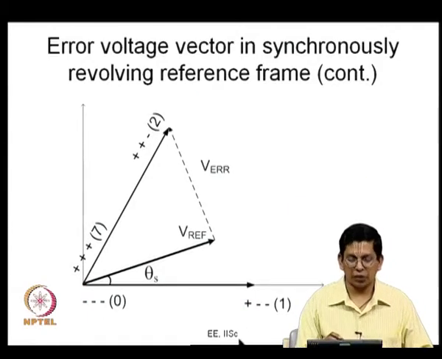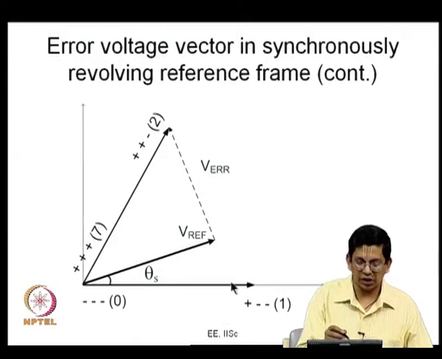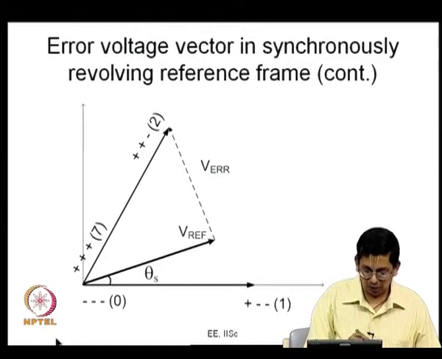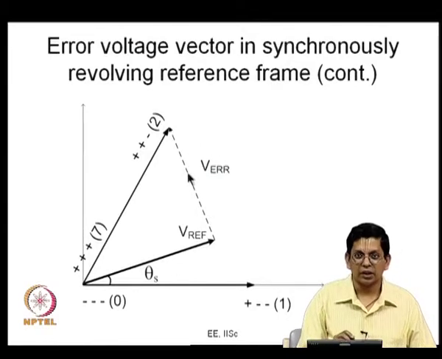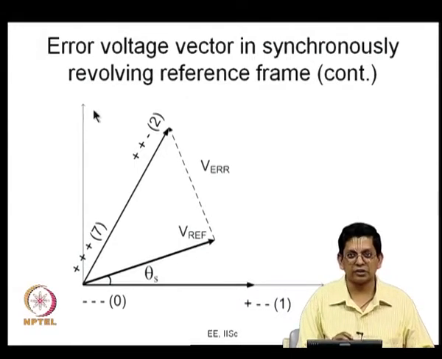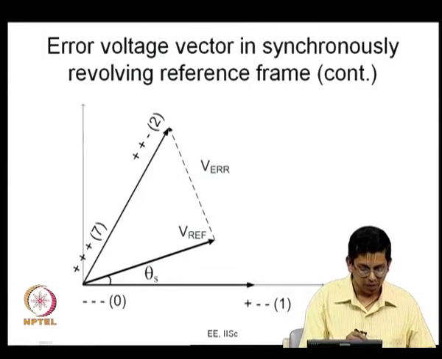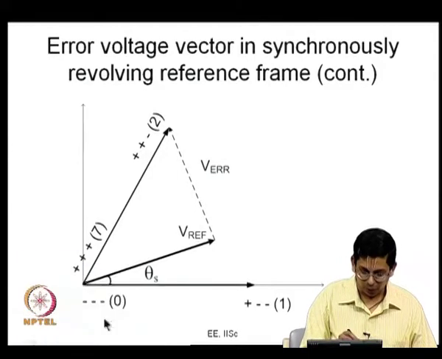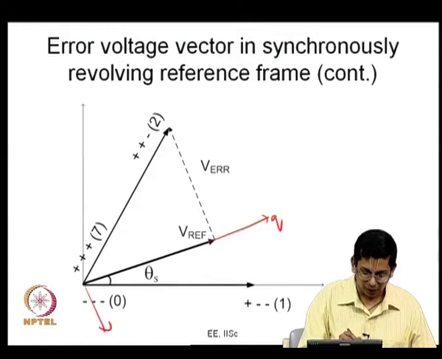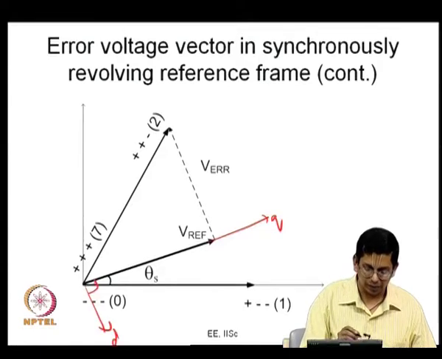Similarly, consider a situation where active vector 2 is applied. You can once again come up with this. So, this is the error voltage vector. This error voltage vector we had earlier expressed in terms of the alpha axis and the beta axis. Now, we can express that in terms of the D axis and the Q axis. So, this is the Q axis and this is the D axis, and this is 90 degrees here.